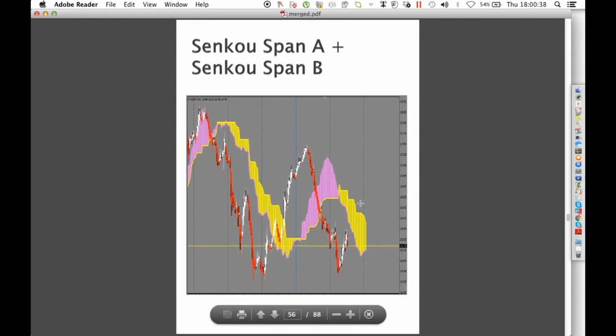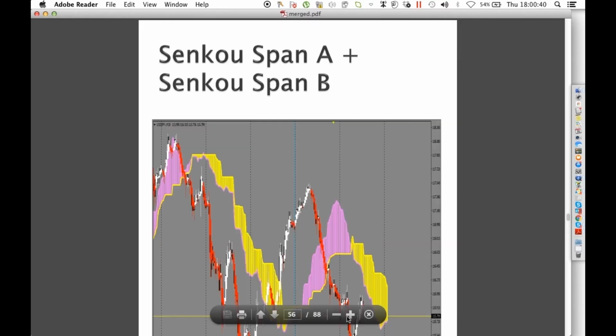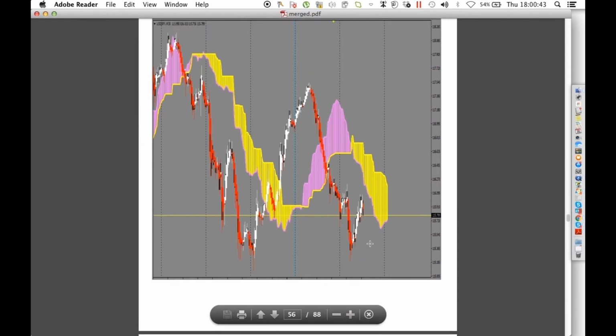And remember what we said, that the Kumo stays 26 candles ahead of us, so if we're on a 1 hour chart, we can sort of predict the next 26 hours, or if we're on a daily chart, we can sort of predict the next 26 days. And you see it's ahead of us and it's yellow, so it's showing us that this trend is most likely going to continue to sell.